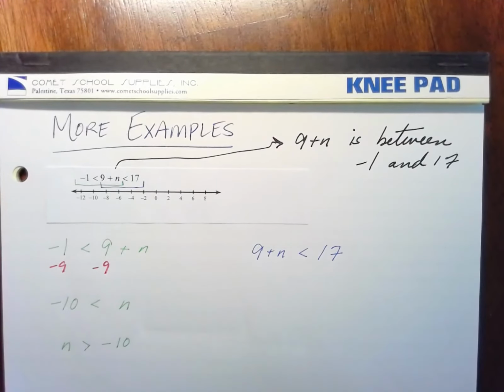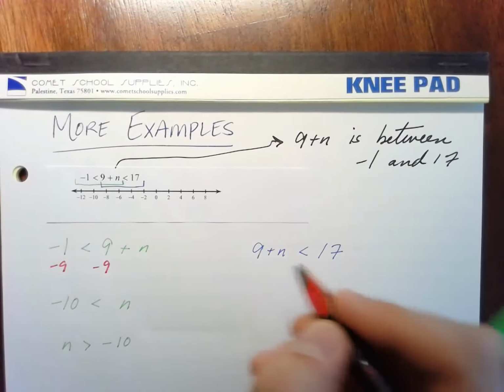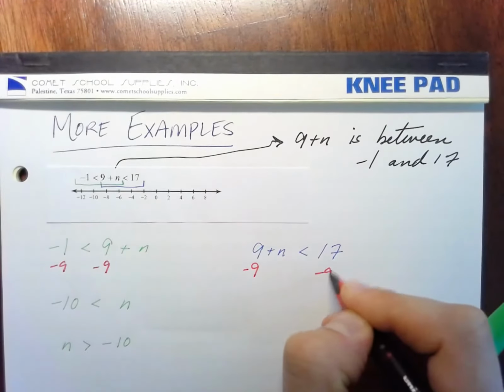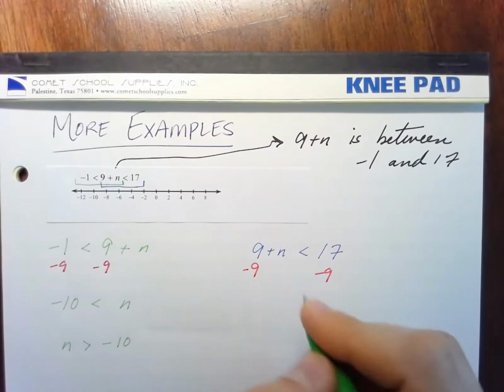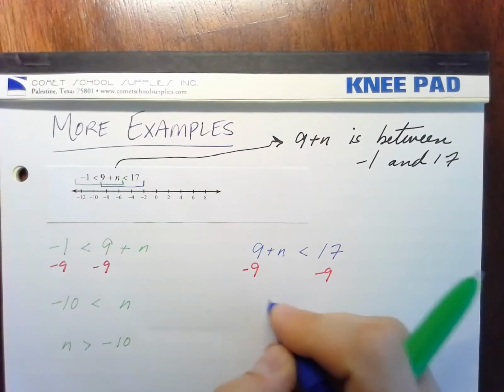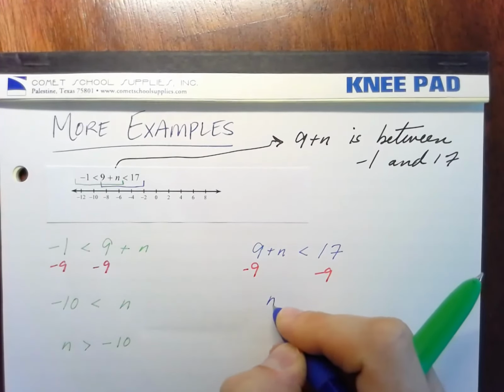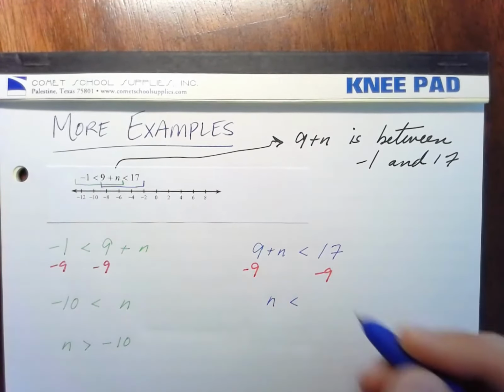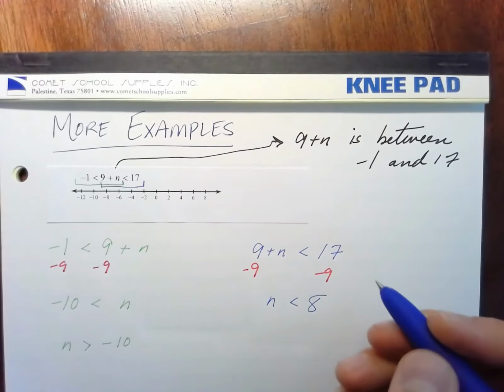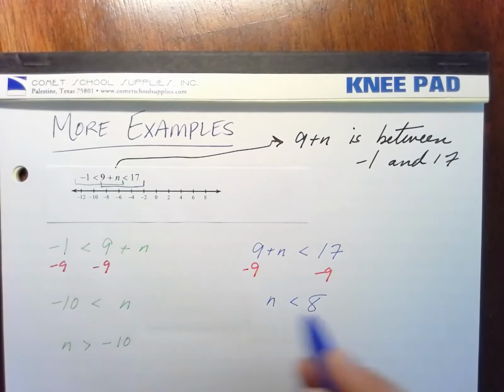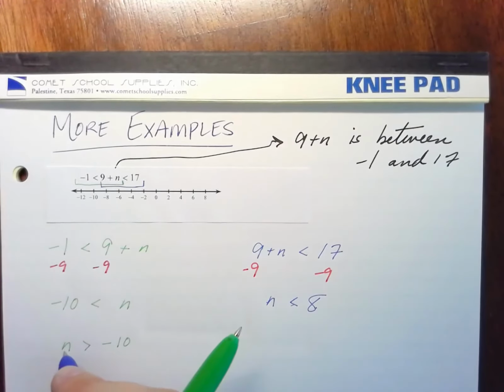I'm just flipping the whole thing around. Here, of course, I still need to subtract the 9, and so when I balance, I have n, not flipping the sign, 17 minus 9 gives me 8. So this one's already arranged correctly. N is less than 8. Okay? Or n is greater than -10.